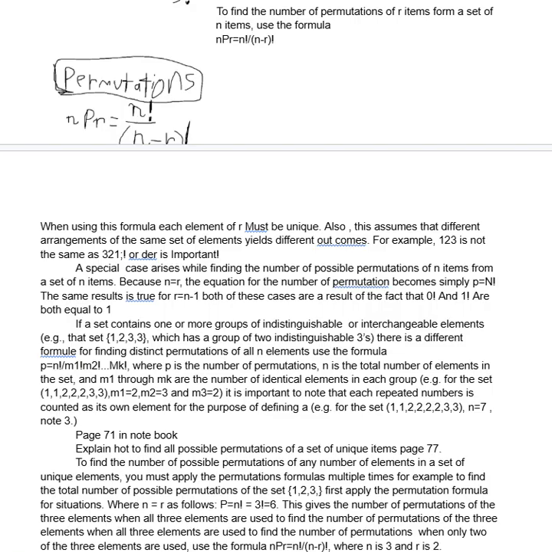Because n equals r, the equation for the number of permutations becomes simply P equals n factorial. The same result is true for r equals n minus 1. Both of these cases are a result of the fact that 0 factorial and 1 factorial are both equal to 1.